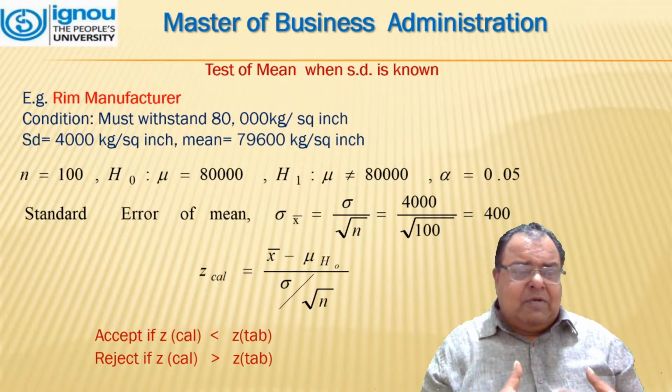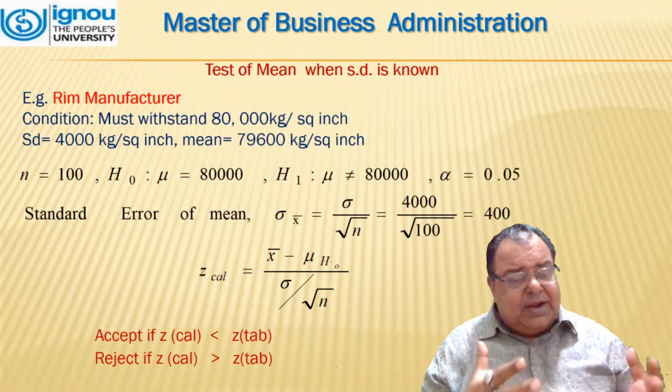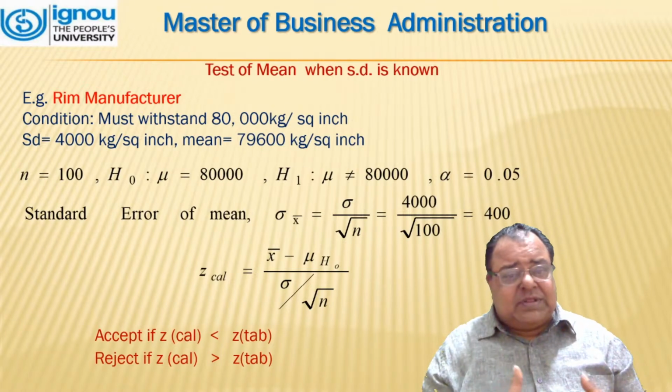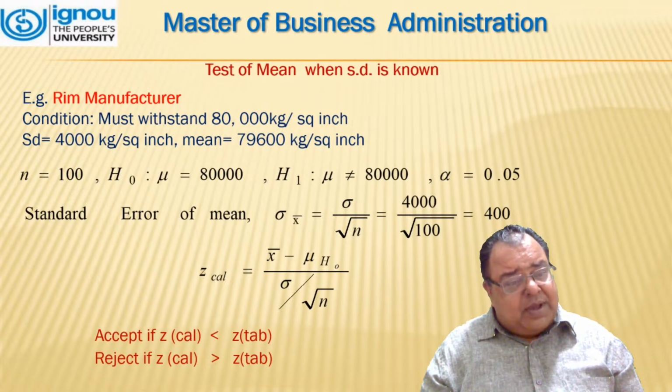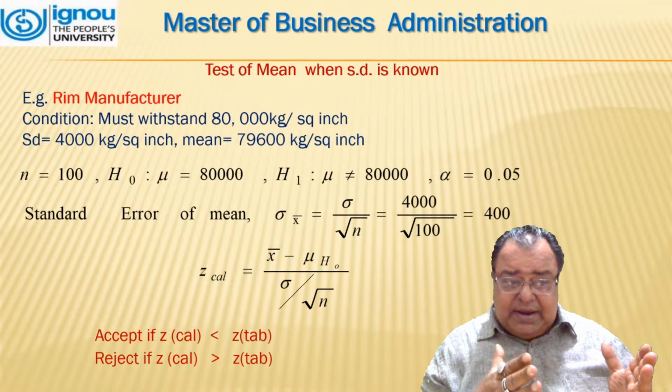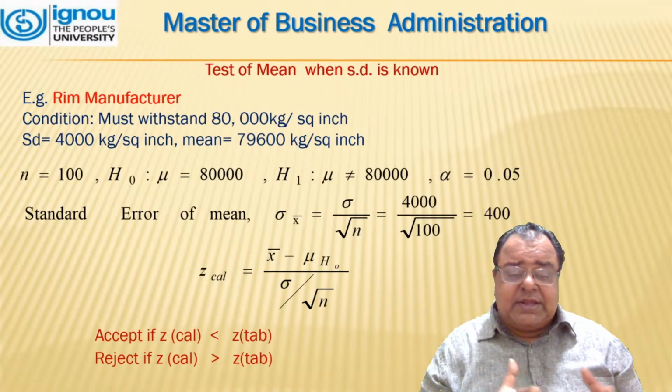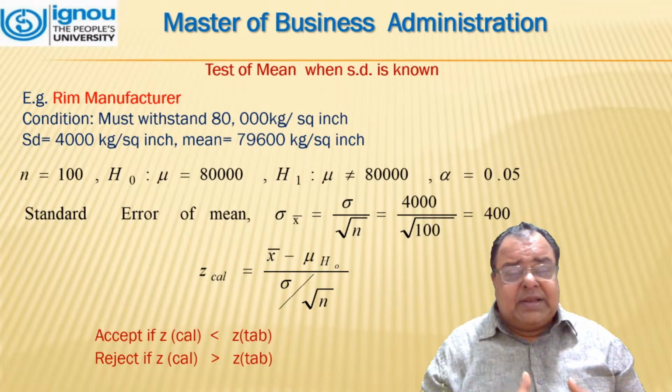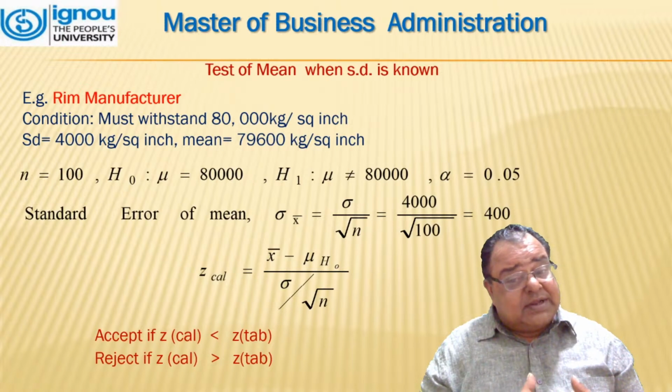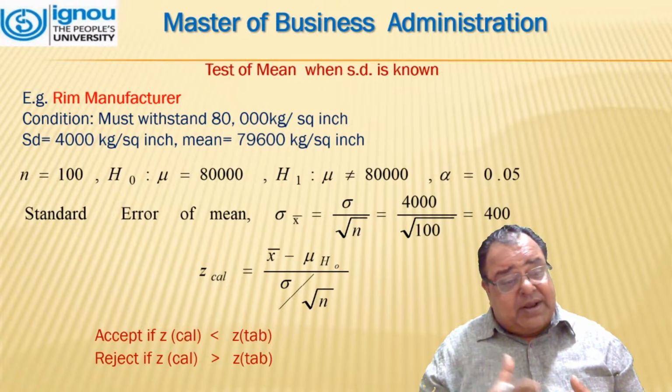Now we will see how conclusions are drawn. We take up an example of wire manufacturers. The condition is it must withstand 80,000 kg per square inch, its standard deviation is 4,000 kg per square inch, and its sample mean is 79,600 kg per square inch.